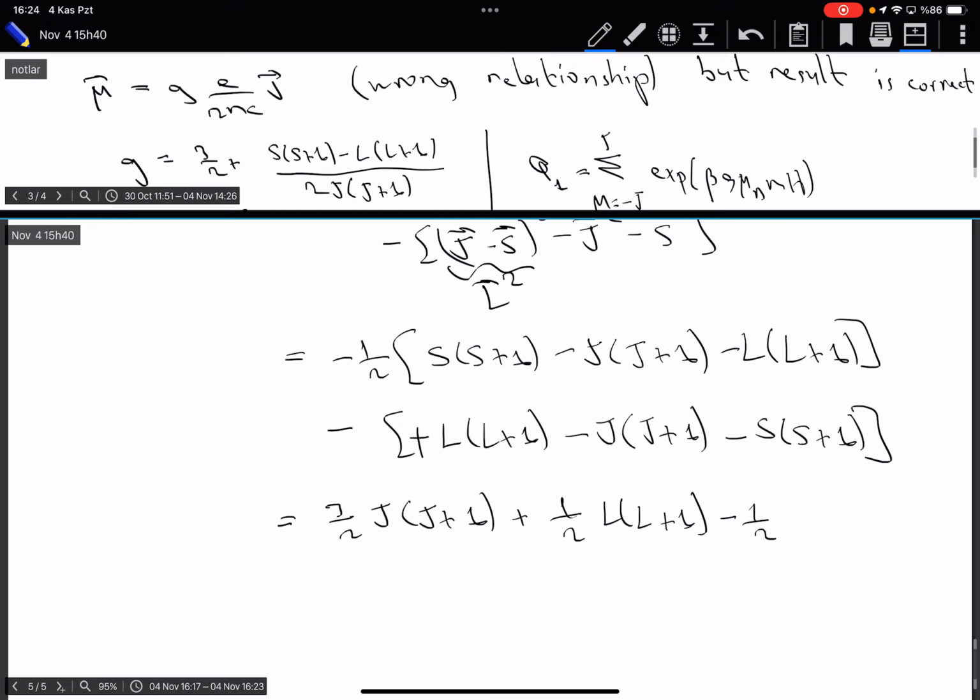Now the j factor is plus 3 over 2, the l factor is minus, plus 1 over 2 s plus 1.